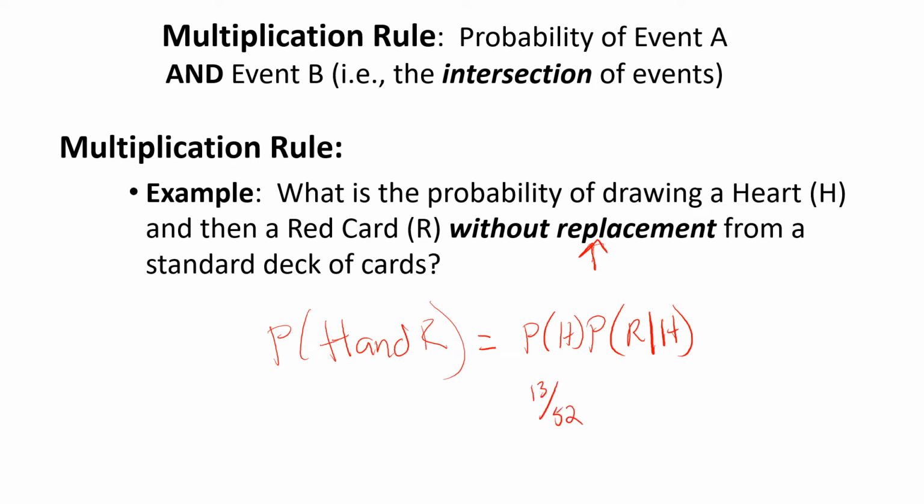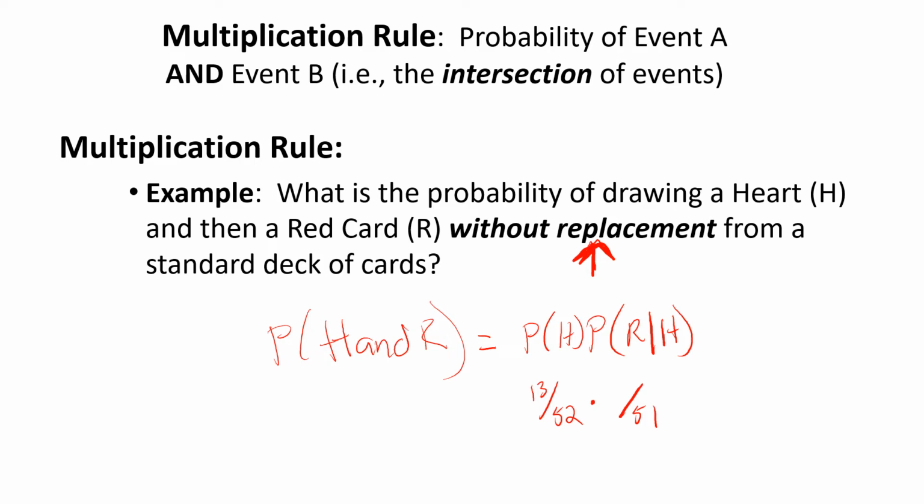We're going to multiply that by the probability of getting a red card given we got a heart on the first draw, and we did not put that heart back. That's important. Without replacement means we did not put it back. It means, first of all, there's only 51 cards left in the deck because we didn't put the first card back. So our total N went down because we took one out and didn't put it back.